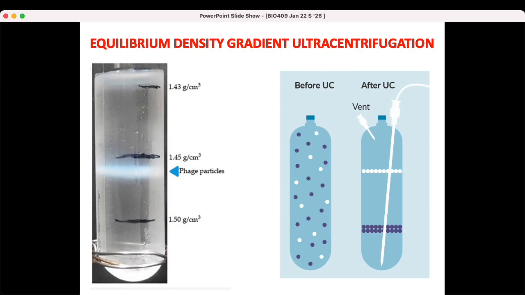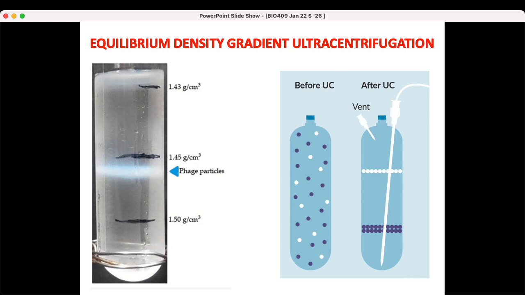And so this is where you're going to say, we're just not going to pellet things, because if we did with this experiment, we would pellet a mixture of things. So instead what we're going to do is make layers of the solution, and the layers are going to be different densities.